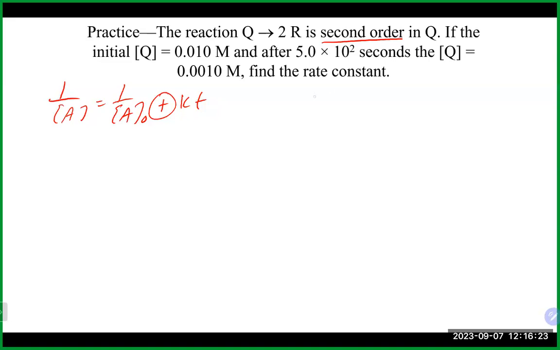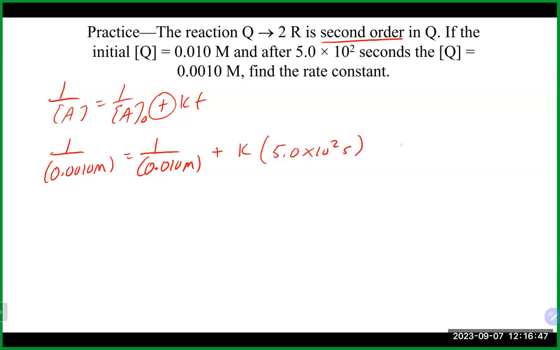Here we have our initial concentration and our final, and we also have our time, so we can plug it in. We take 1 over our final, which in this case is 0.001, equals 1 over our initial 0.01 molar, plus our k, which is what we're looking for, times our 5 times 10 to the 2 seconds, or 500 seconds.